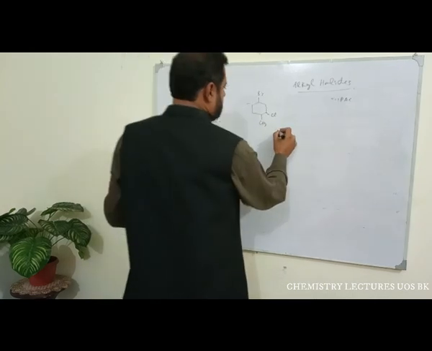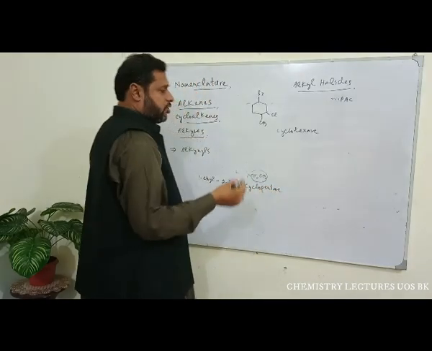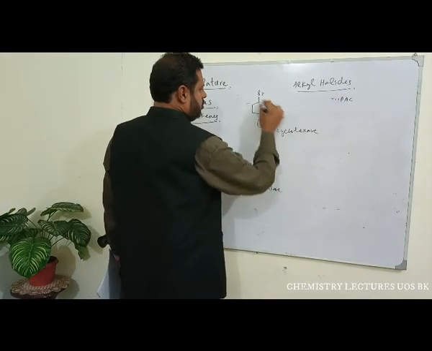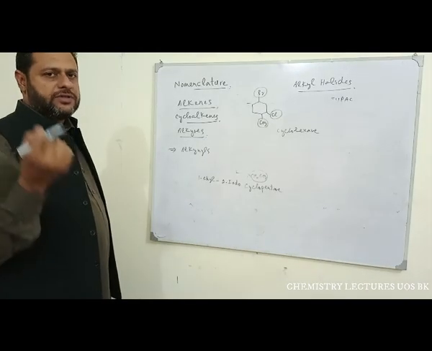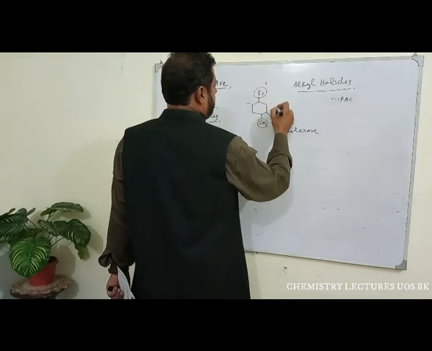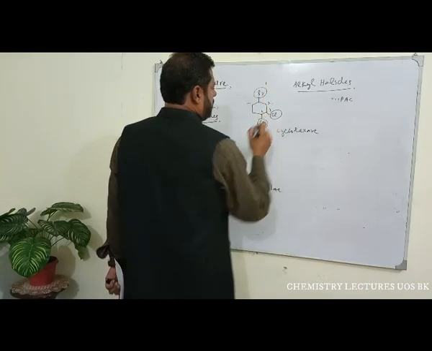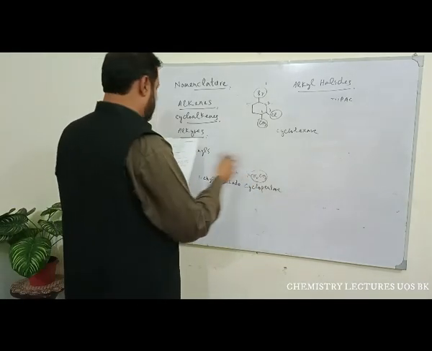So the parent name will be cyclohexane. We have three groups: methyl, chloro, bromo, and the one which is alphabetically first will be at position number one. So it is bromo, it will be 1, then chloro, and 3, 4. Start numbering from that group which is alphabetically first and write in alphabetical order.